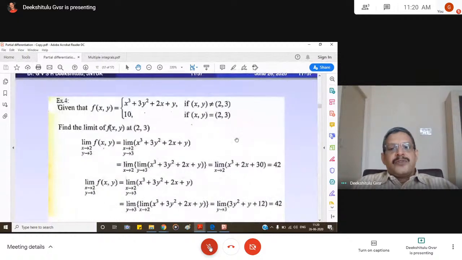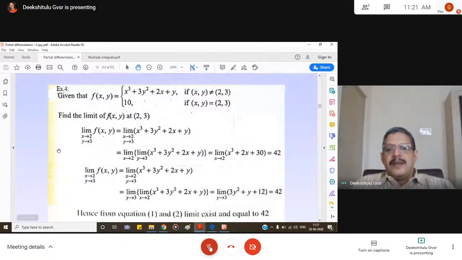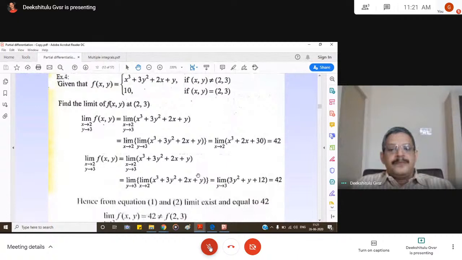Another example. Take this function x cube plus 3 by 2x plus y, as (x, y) tends to (2, 3). First take x goes to 2, y goes to 3. The limit is 42. Change the order of limits. That means x goes to 2 first, then y goes to 3. Then the limit is also 42.